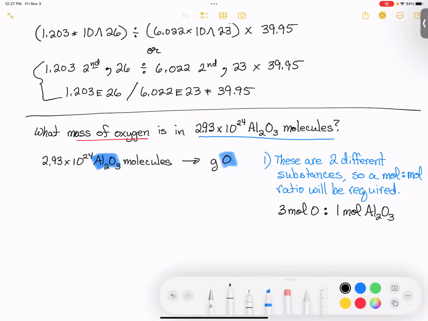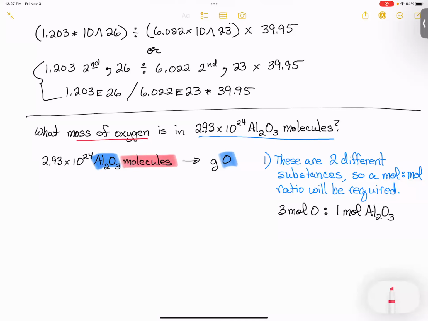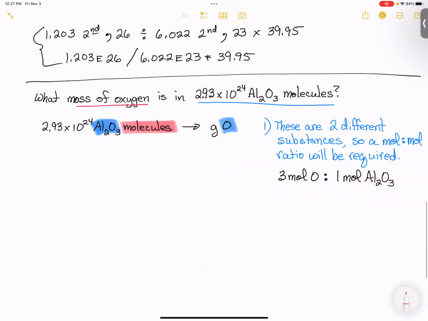The next thing I notice is that I was given the term molecules. Molecules means Avogadro's number is required.